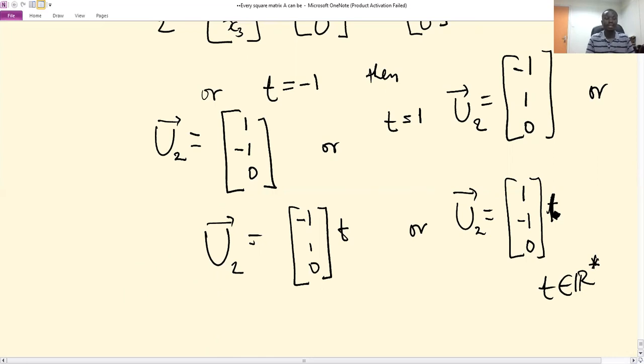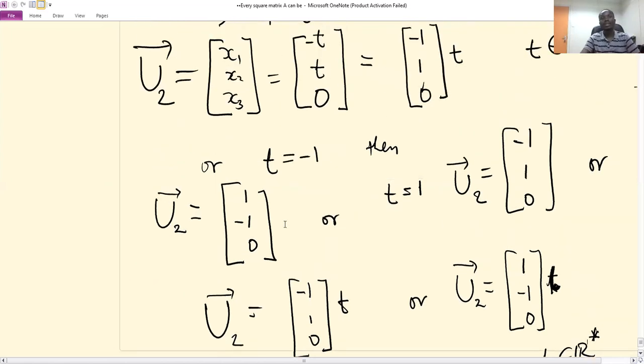Remember, eigenvectors are not unique. So if you fix t to be -1, you get a different thing, and t equals 1, you get a different thing, but all of them are okay.